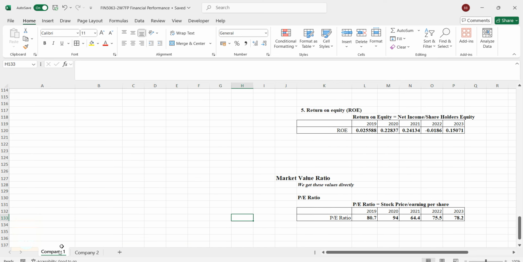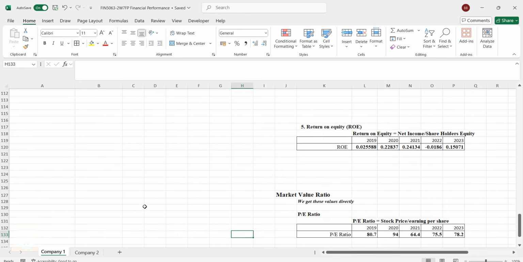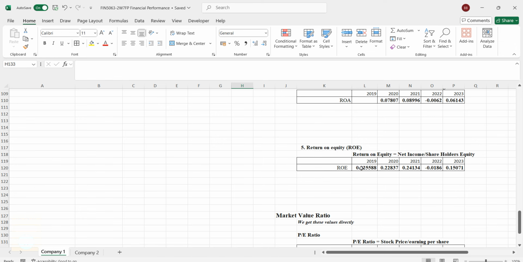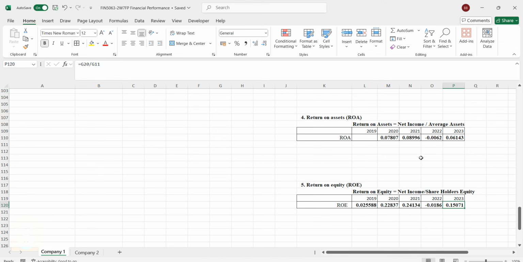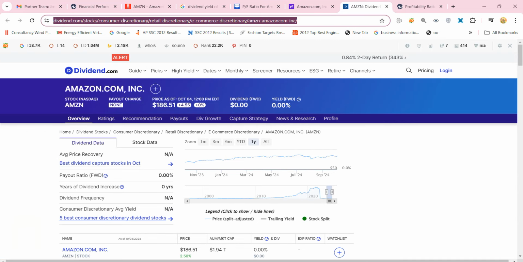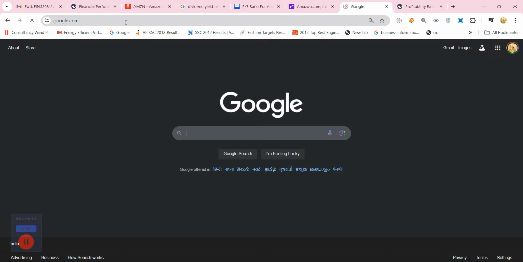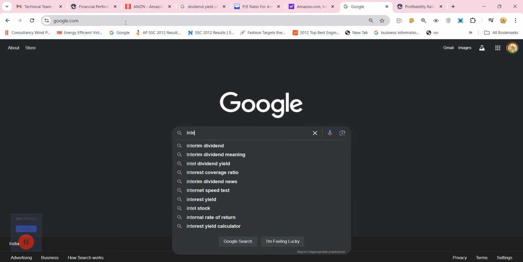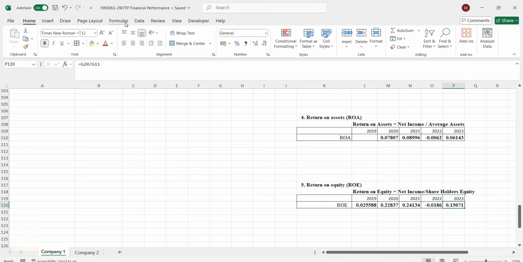So for market value, P by E ratio, you just consider it, and for each value, you are supposed to interpret how the value is changing and what impact it will have. How can you cross check it? Return on assets, whether it should be increasing or decreasing. Let me interpret.